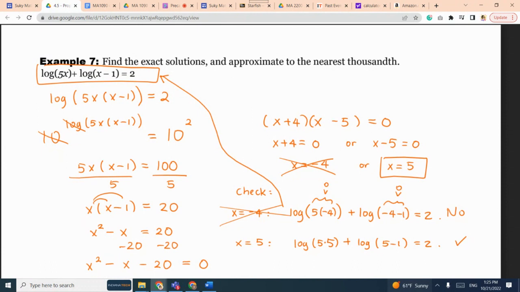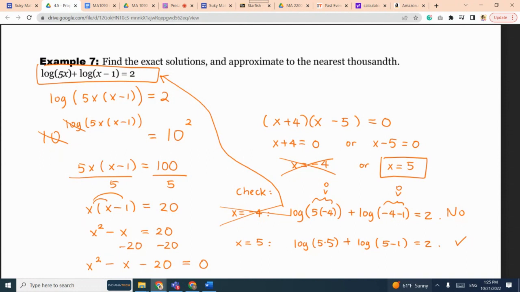So now all the terms are on the left-hand side. We can either factor or use the quadratic formula. Here we can factor it: x plus 4 times x minus 5 equals 0. So we get x plus 4 is 0 or x minus 5 equals 0. So we have x equals negative 4 and x equals 5.